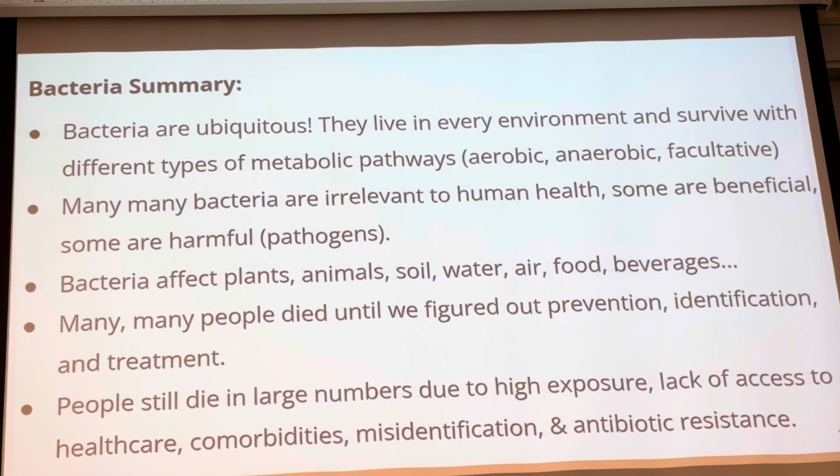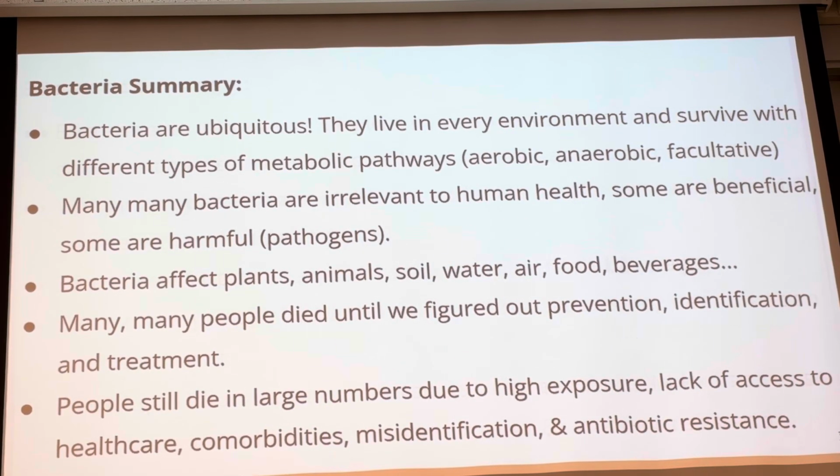People are still dying in large numbers due to exposure rates, lack of access to healthcare, and comorbidities. We're going to talk more about comorbidities when we get into the immune system. Morbidity is disease, mortality is death, so sometimes you'll hear them together, morbidity, mortality.